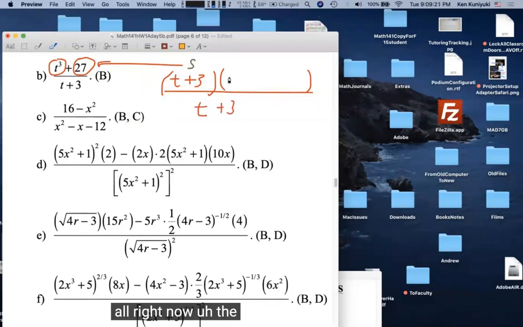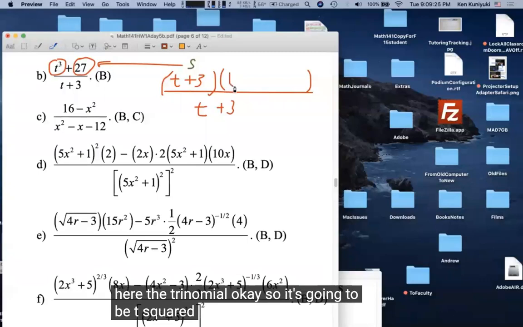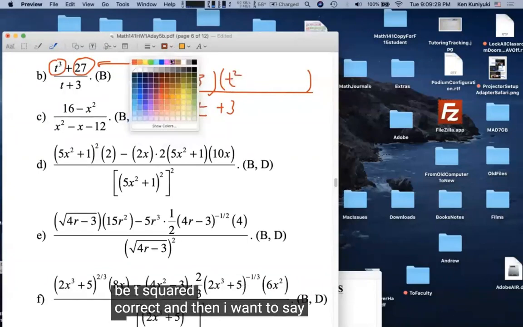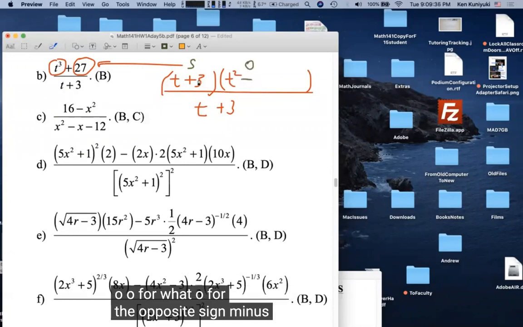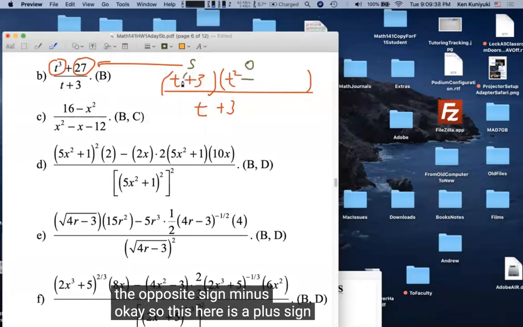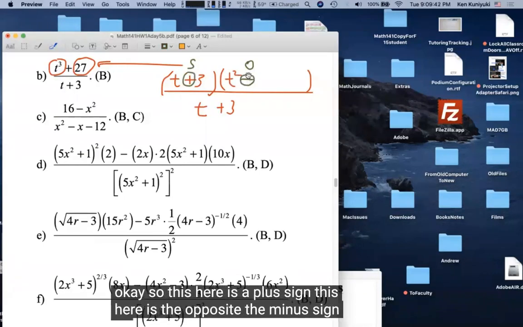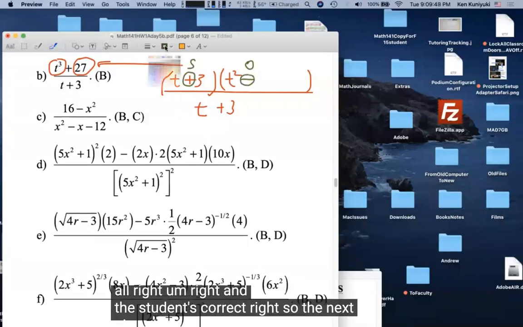All right, now the trinomial factor here. It's gonna be t squared, correct? And then I want to say O. O for the opposite sign, minus. So this here is a plus sign, and this here is the opposite, the minus sign. And the student's correct, right? So the next piece would be 3t.